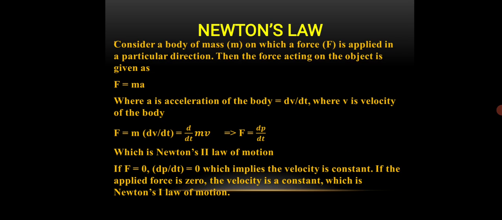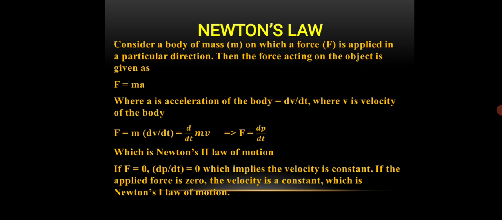We already know a is dv by dt, where v is the velocity. Now instead of a, substitute dv by dt. So you get m into dv by dt. Bring the m inside the differentiation, so you get d by dt of mv. mv is nothing but the momentum, so F is equal to dP by dt.